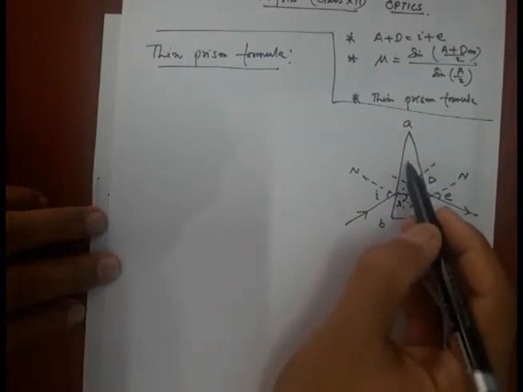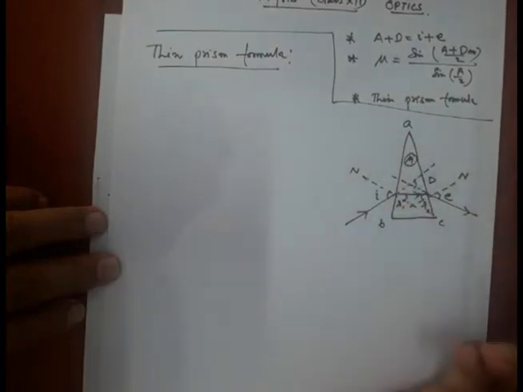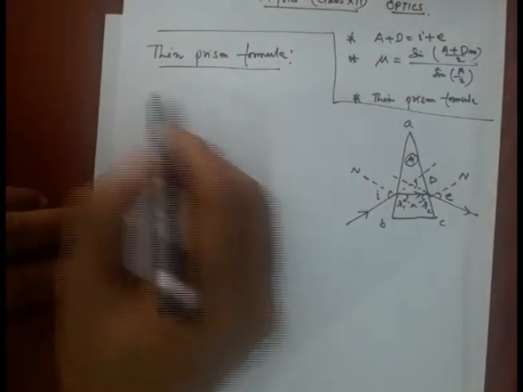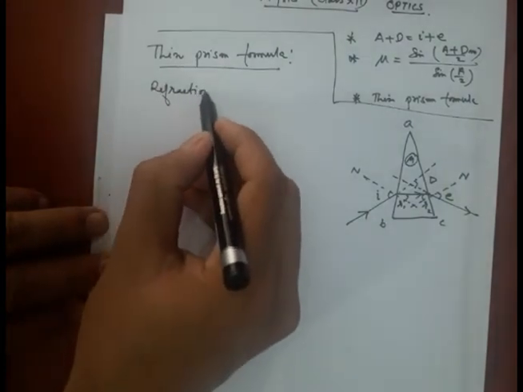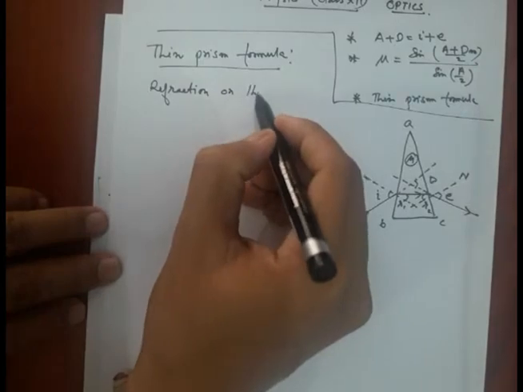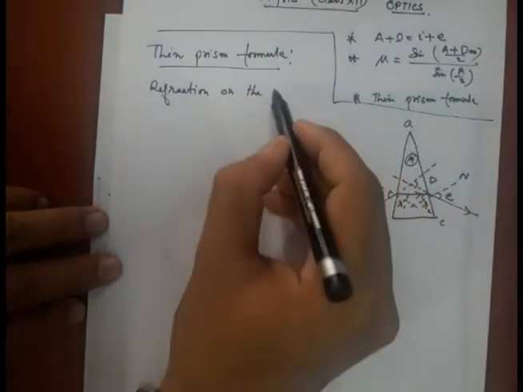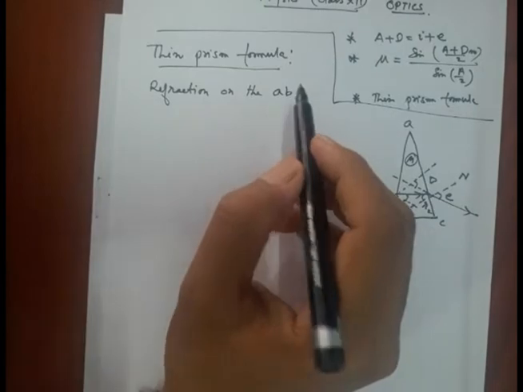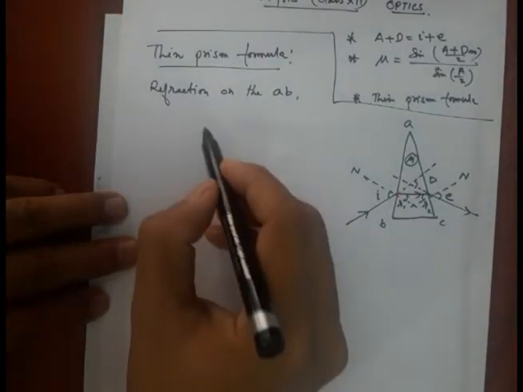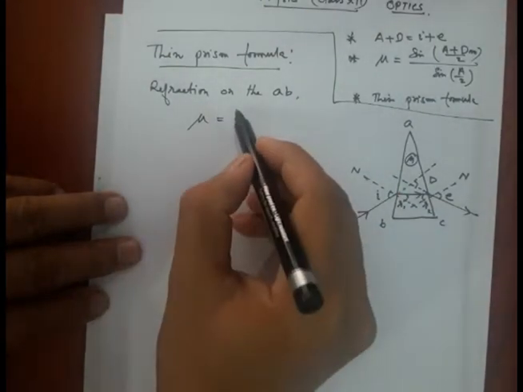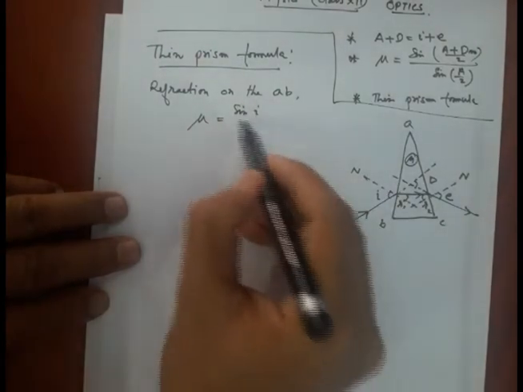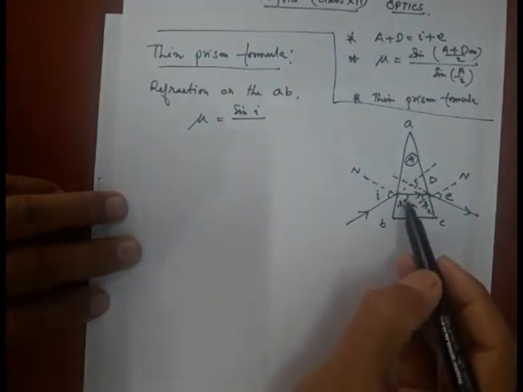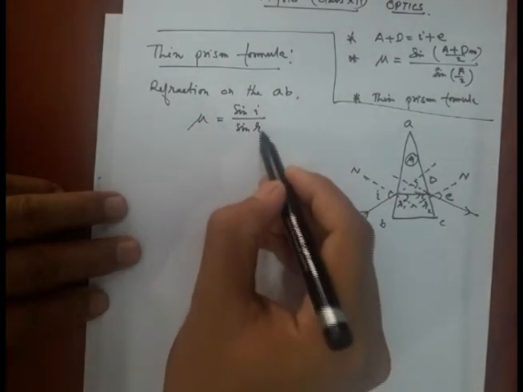And your prism is made of a material of refractive index mu, let us say. So first, let us see refraction on the left surface, AB. Here we apply Snell's law. Mu is equal to sine of the angle of incidence I divided by sine of the angle of refraction, sine of R1.